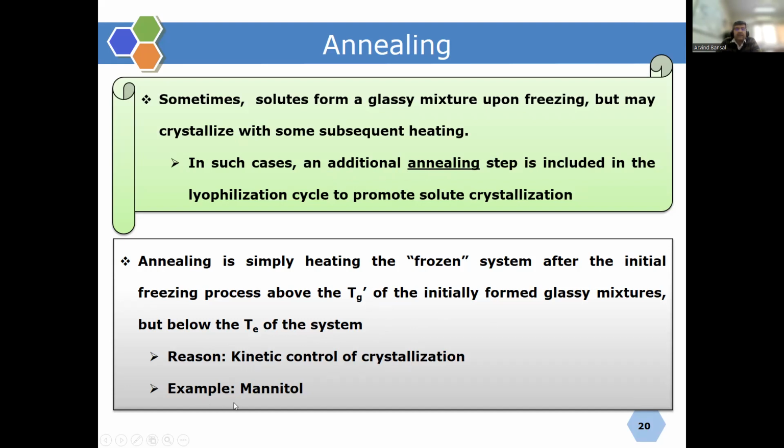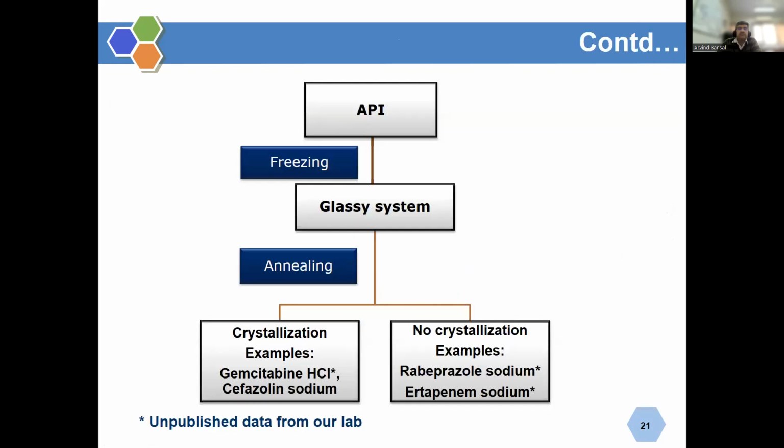A very good example of a system that can be annealed to convert the amorphous sample to crystalline would be mannitol, which means initially when we do freezing of a mannitol solution, mannitol comes out in the amorphous form, but after annealing, the amorphous mannitol is converted into crystalline form.